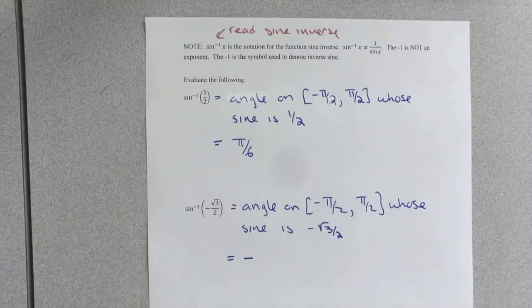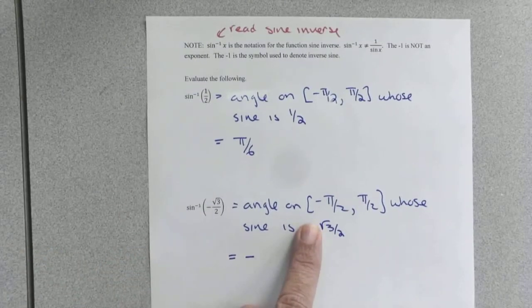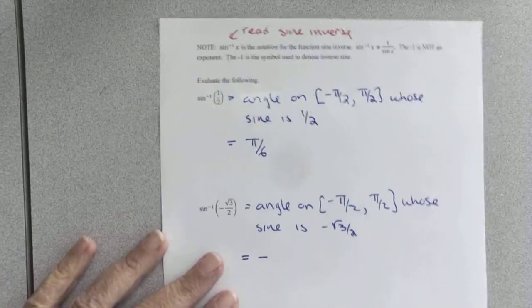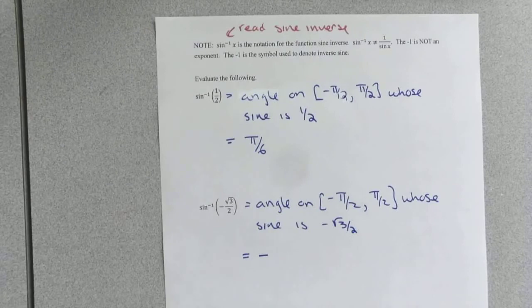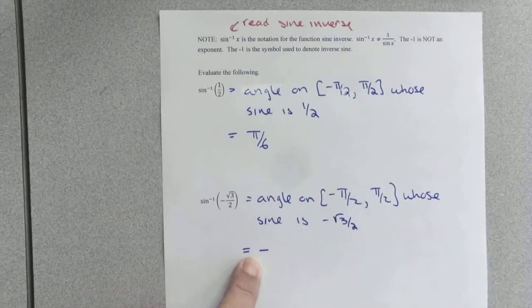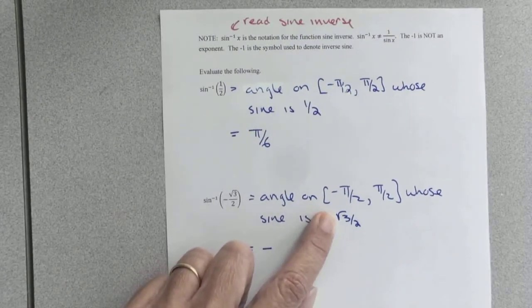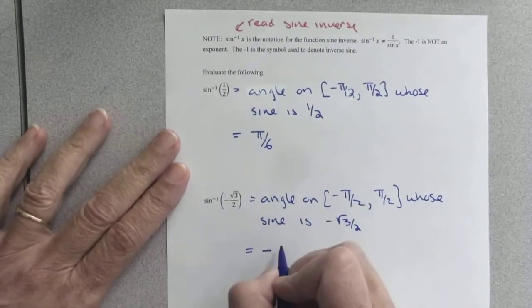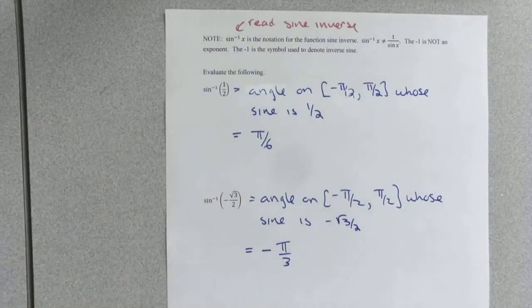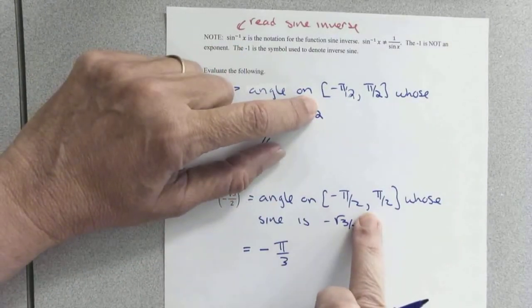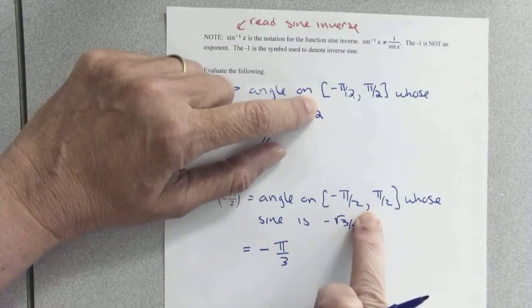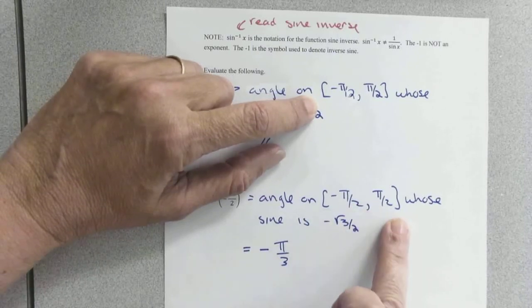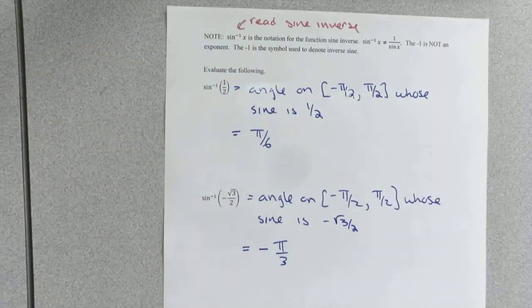So once you decide the answer is going to be negative, I can just think about the positive and ask myself, where is sine square root of 3 over 2? And that is just pi over 3. So the answer is negative pi over 3. And again, there's only going to ever be one answer because of what we restricted our range to. We're only accepting answers between negative pi over 2 and pi over 2. So there's always just going to be one answer.